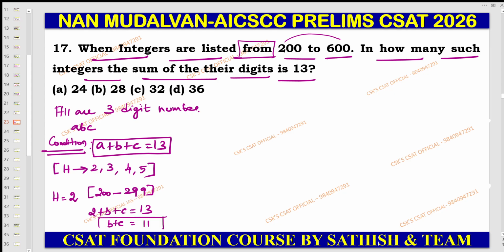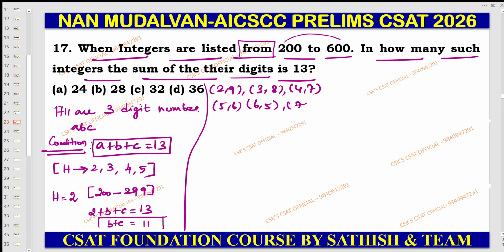What all are possible which give b plus c as 11? 2 comma 9, 3 comma 8, 4 comma 7, 5 comma 6 possible, then reverse ones: 6 comma 5, 7 comma 4, 8 comma 3, 9 comma 2 possible.